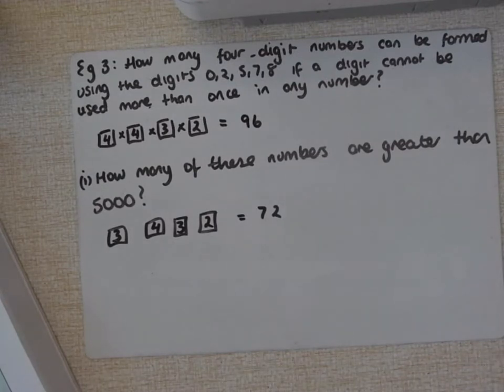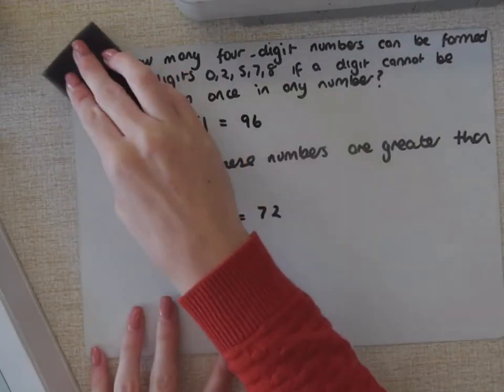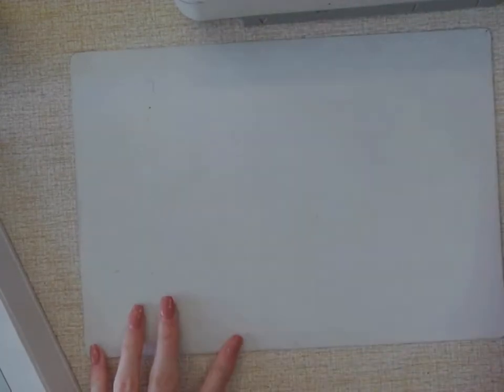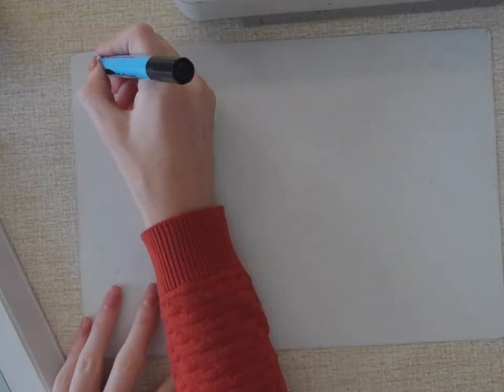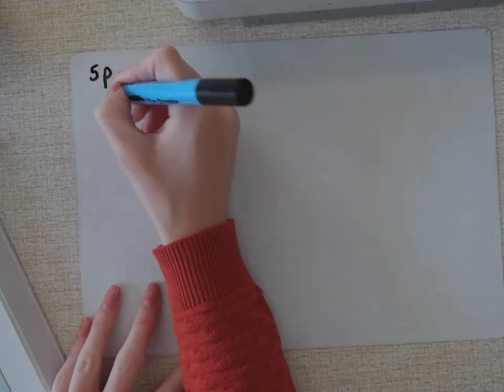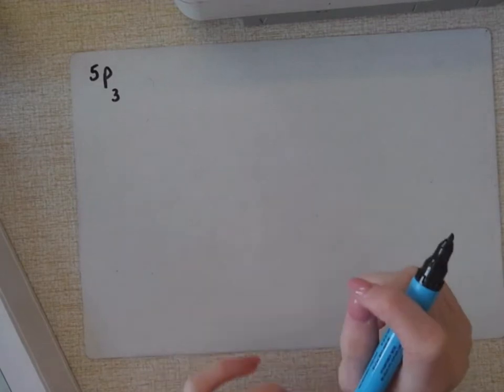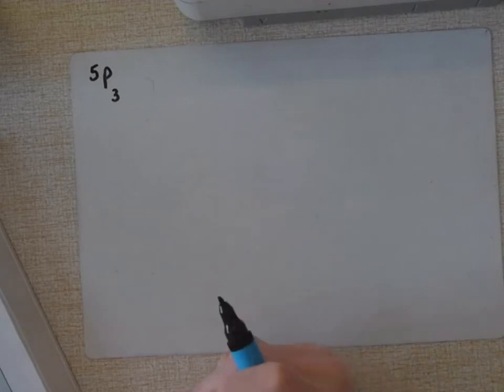Let's do another one. Can I get rid of the board? Yeah. 5P3 is if you have 5 objects and you want to arrange 3 of them.